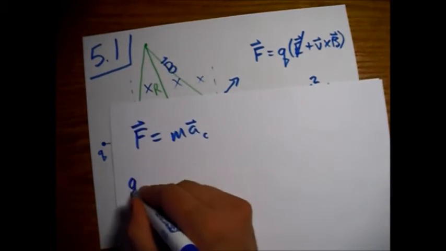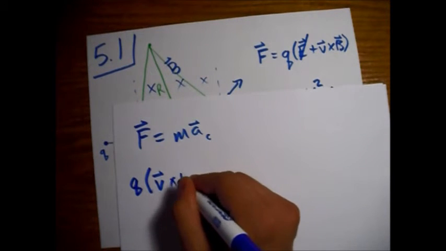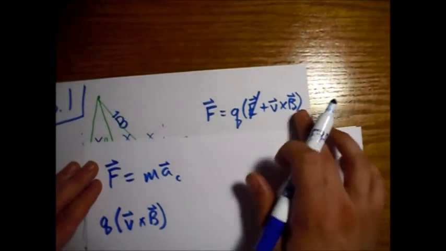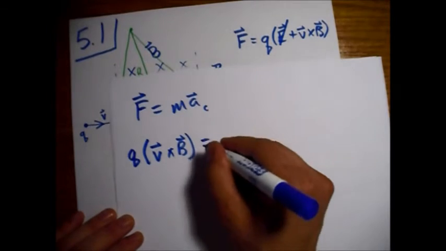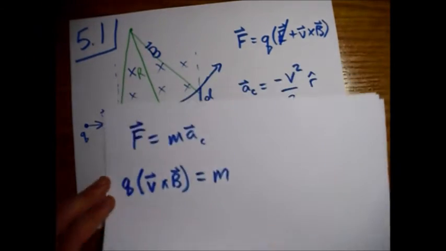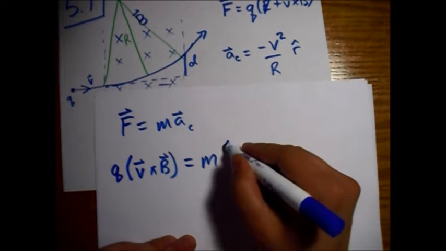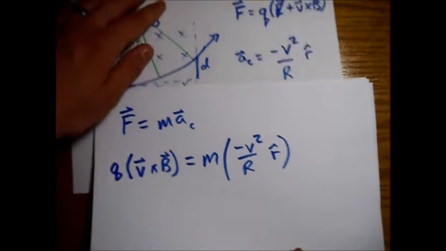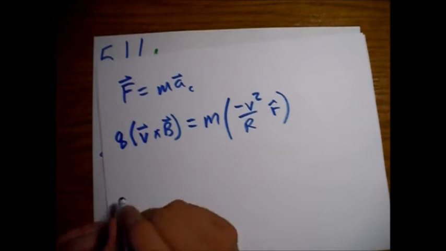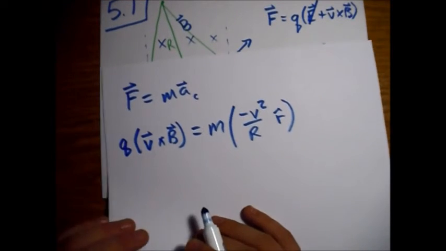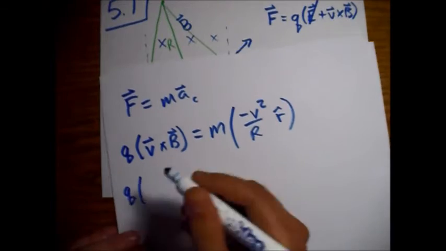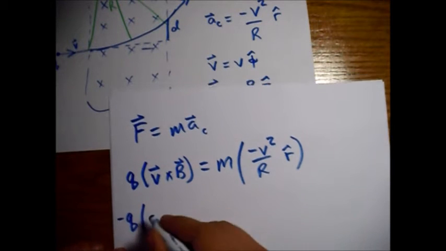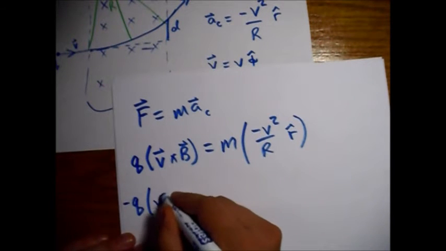What we have here is q multiplied by v cross B, which came from right up here without the E. So the magnetic force is equal to m times a, except for a we're putting in minus v squared over R in the r hat direction. Let's plug in our v and B. I'm just going to bring the constants out front, so we'll have a minus sign from right here, and then we'll have a v and a B.